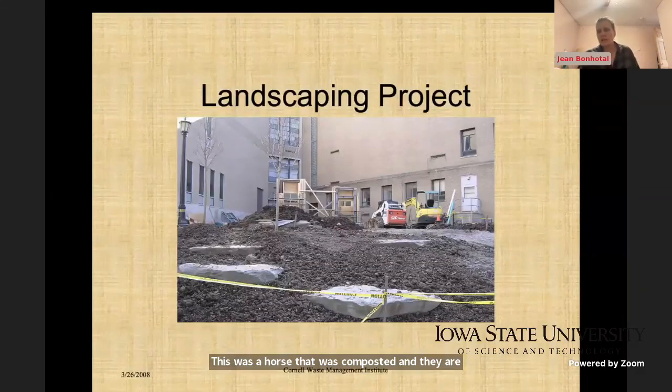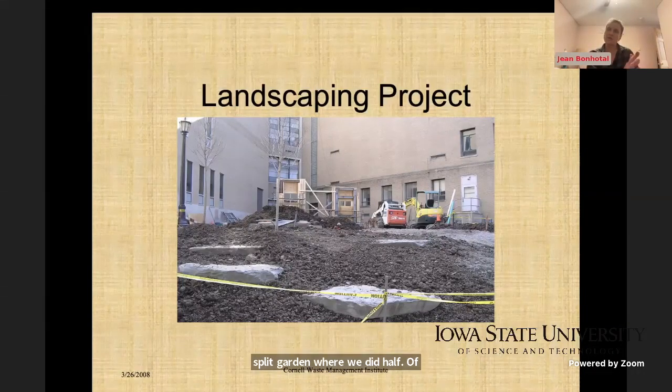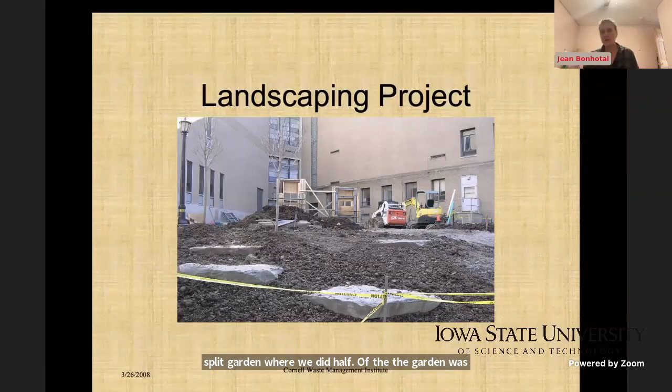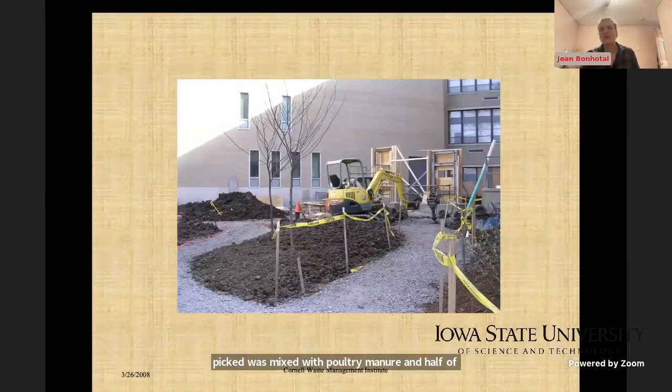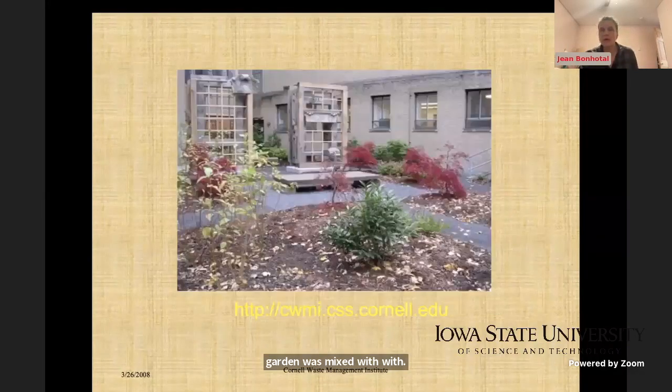A landscaping project. This one happened to be a 50-50, a split garden where half of the garden was mixed with poultry manure, and half of the garden was mixed with dairy manure. That was our funding sources, so that's what we were using.